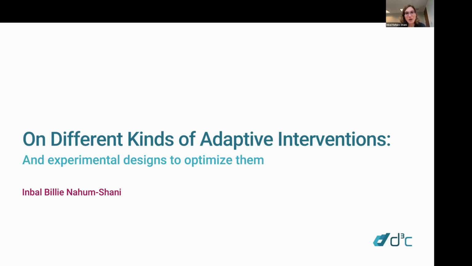All right, so I am going to tell you today about 3 different types of adaptive interventions, and I'm going to tell you about 3 experimental approaches that you can use to optimize them. This talk is intended to be a brief and accessible introduction, so you're not going to see any equations here or anything statistically intimidating or challenging.